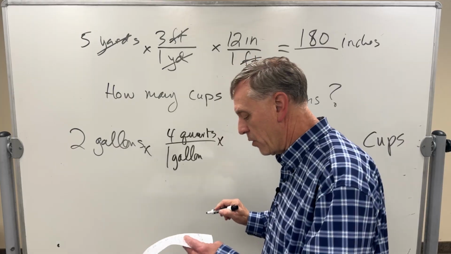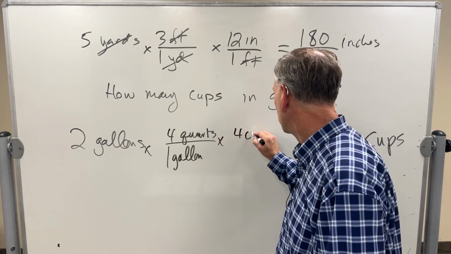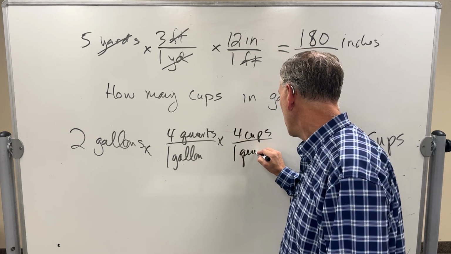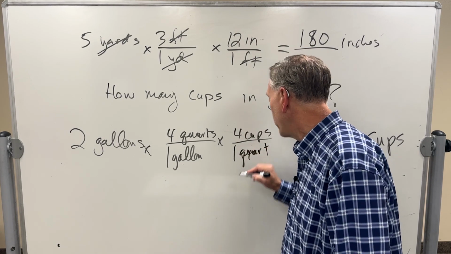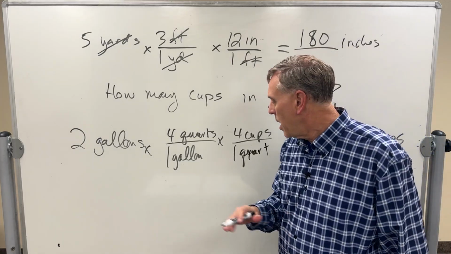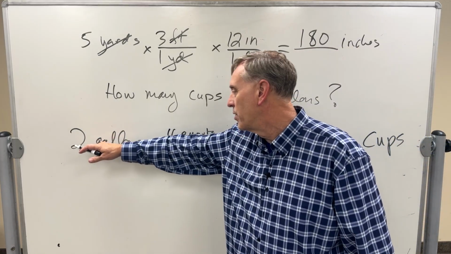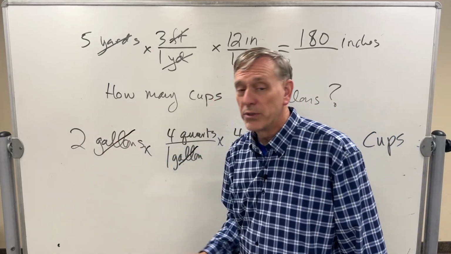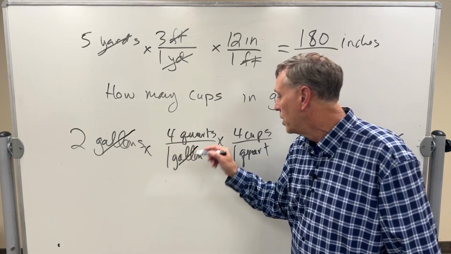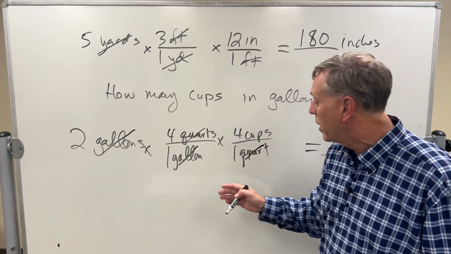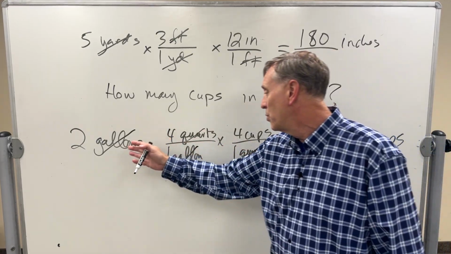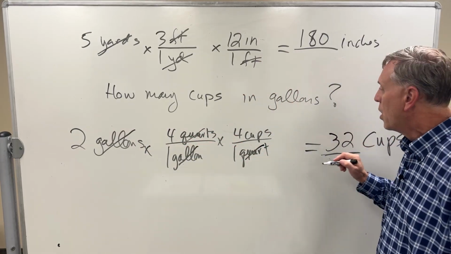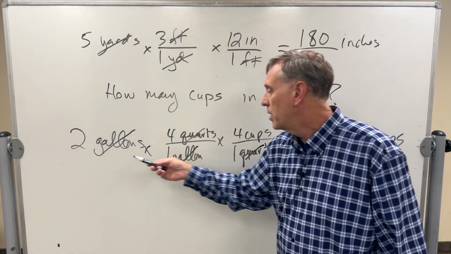And then we discover that there are 4 cups in 1 quart. Here again is the dimensional analysis idea. Not only are we working with these fractions on the numerical side, but we're also working with the units of measure. Gallons cancel, quarts cancel, and what we're left with is the cups. So 2 times 4 times 4, and we have 32 cups in these 2 gallons.